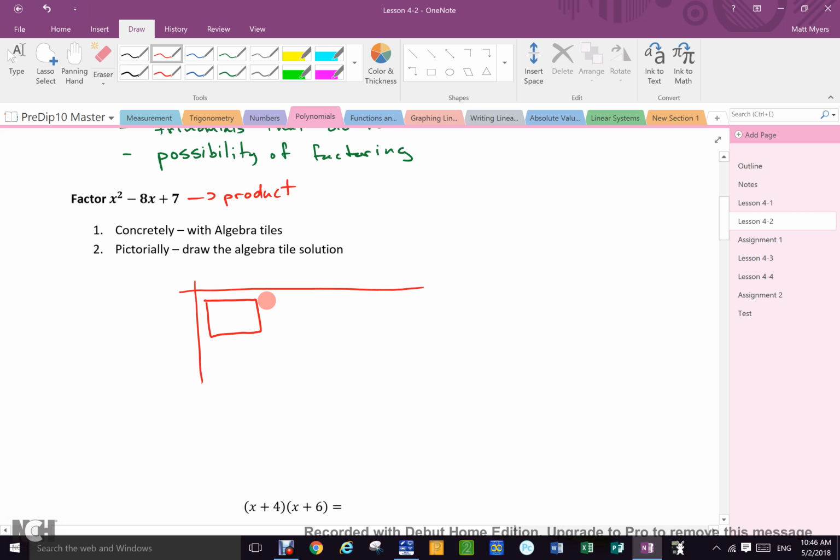If I draw the 7x's up here, does that make a rectangle? No. Where's the only place I could put the 7s to keep my rectangle shape? I can't put them there. I can't put them there. Put them under the 2x. Can I put them there? Does that make a rectangle?